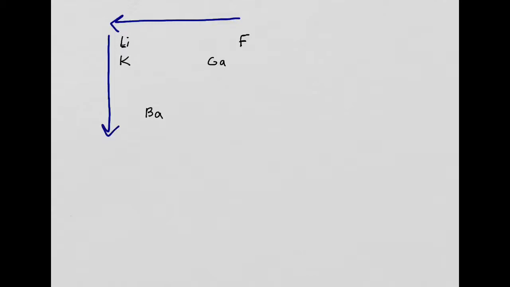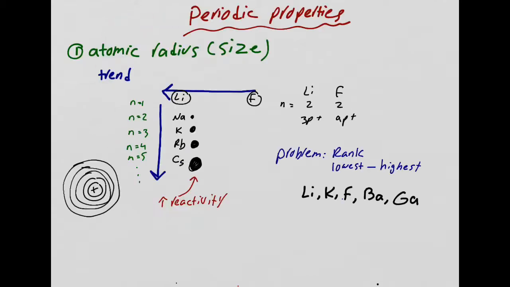Alright, so now let's rank them. The way you would rank it, don't forget, you should always look at up and down first before you look at left to right. Why is that? Because the energy level is what really matters. The higher the n value, the bigger the atom. So we have to look at up and down first, and if they're in the same row, then we look at left to right.